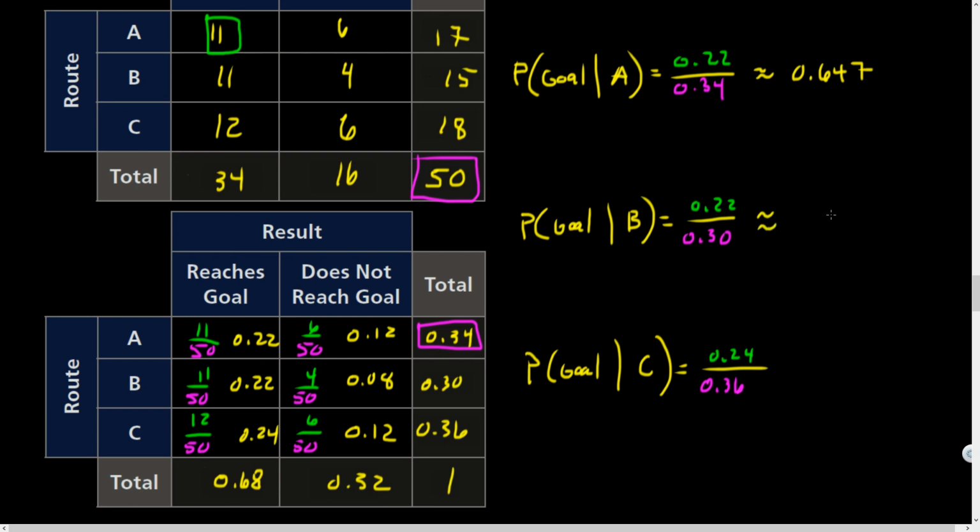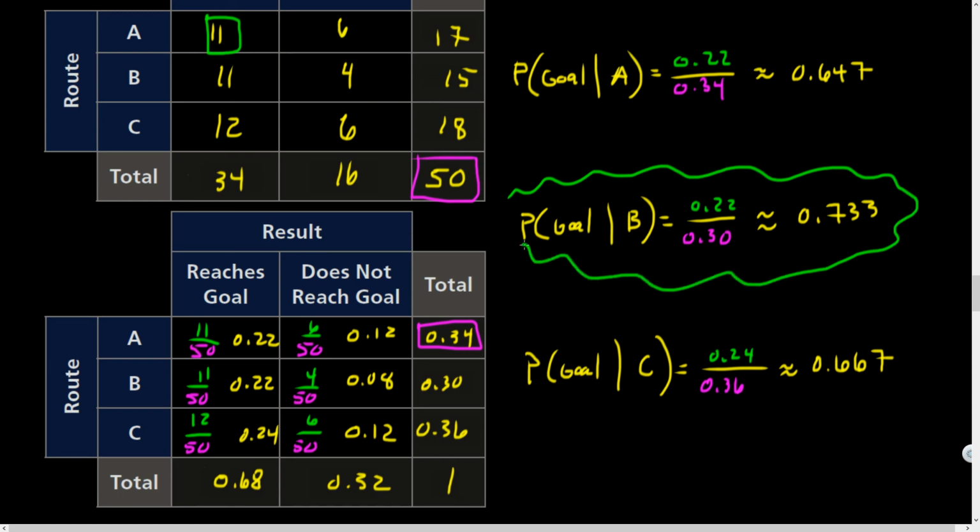If I divide this one out, we get 0.733, and so 73.3% of the time, when route B was chosen, the goal was met. And lastly is 0.667. And so whenever he chose route C, he was only successful 66.7% of the time. And so based on this, he should choose route B.